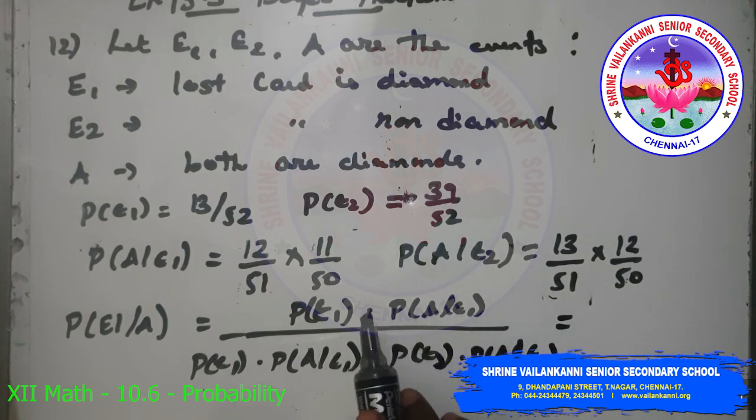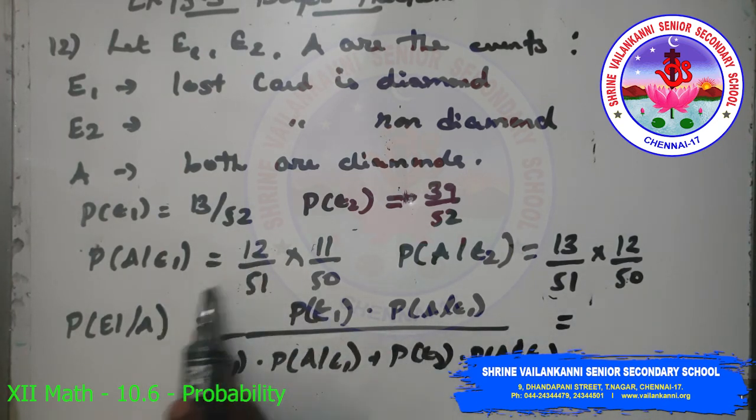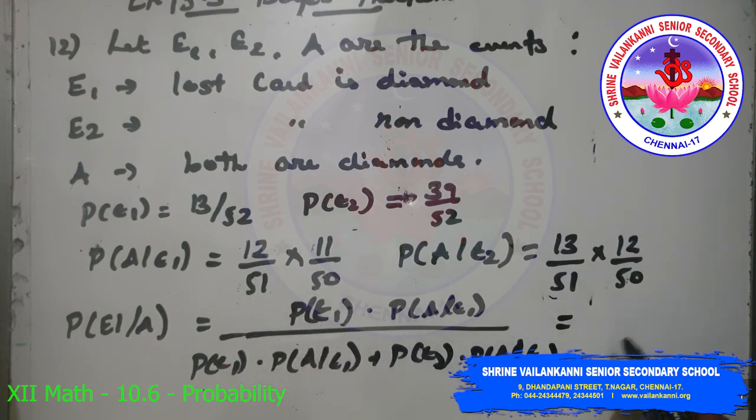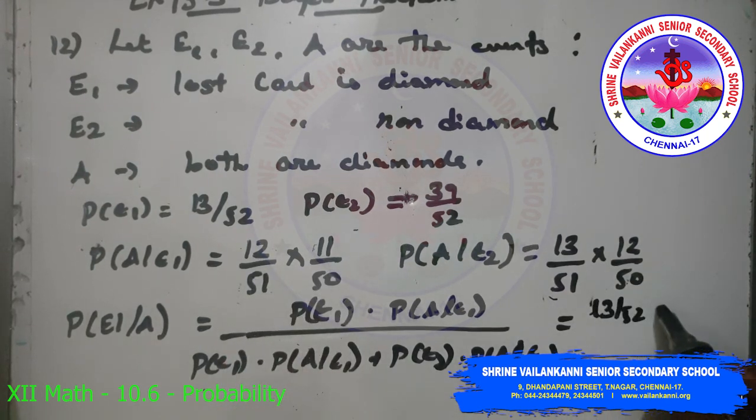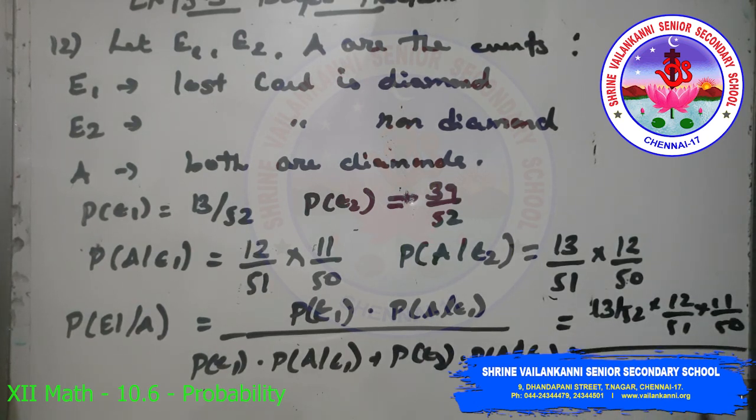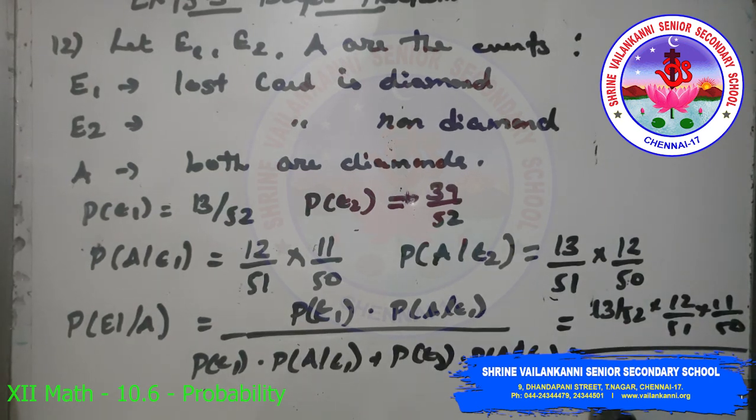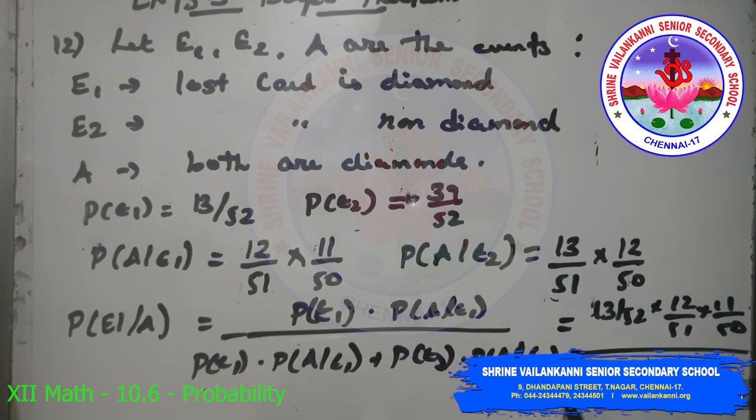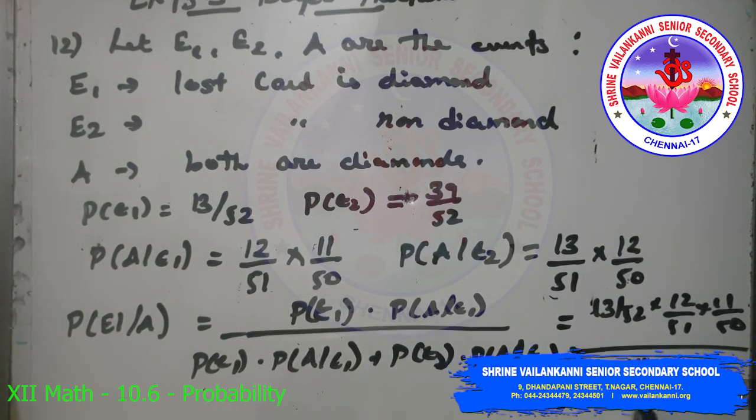So P of E1 is 13 by 52 and P of A by E1 is 12 by 51 into 11 by 50. 13 by 52 into 12 by 51 into 11 by 50 whole by 13 into 12 into 11 by 52 into 51 into 50 plus P of E2 is 39 by 52, P of A by E2 is 13 into 12 by 51 into 50.